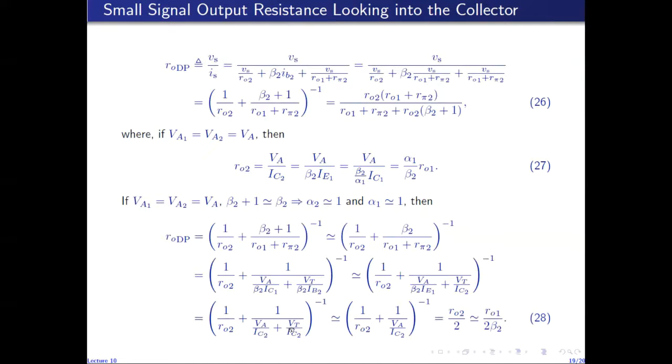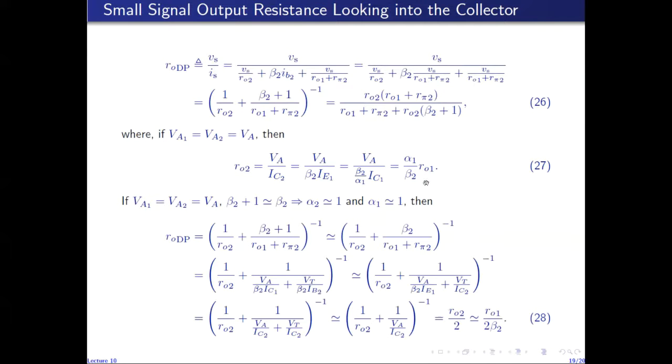VA is much, much larger than VT typically. So this sum is approximately equal to VA over IC2. So VA over IC2 is small r naught 2. So we get 2 over small r naught 2, the inverse of which is small r naught 2 divided by 2. So we can approximate the small signal output resistance of the Darlington pair and represent it in terms of small r naught 2 like this.